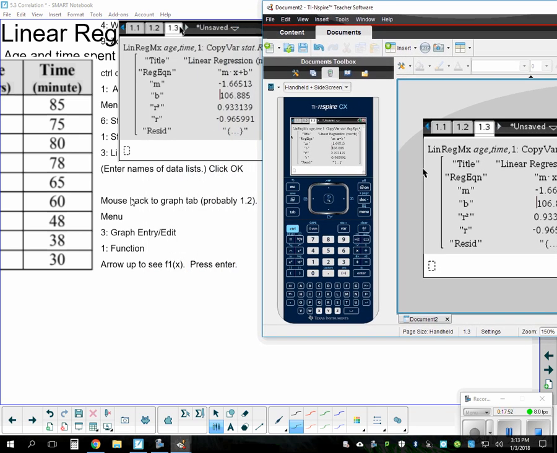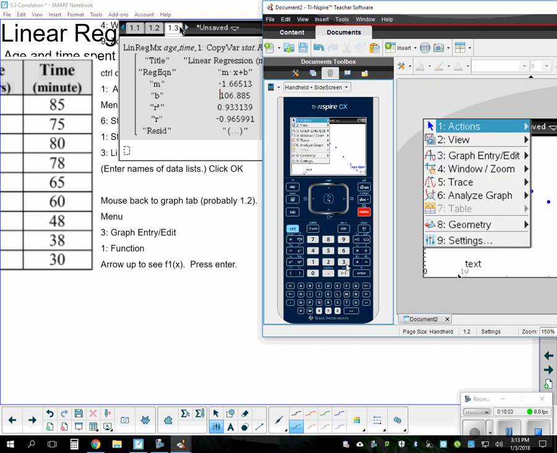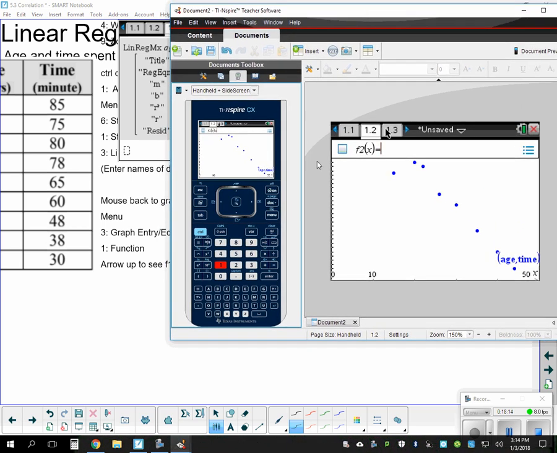All right, going back to your calculator screen, we want to actually put that into our scatter plot. So mouse back to the graph tab, which is probably 1.2 if you followed my directions exactly. Press menu, graph entry edit, and we're going to want to do function now. So option 1, function. Now it pops up on F2, and the reason for that is because there's already something in F1.